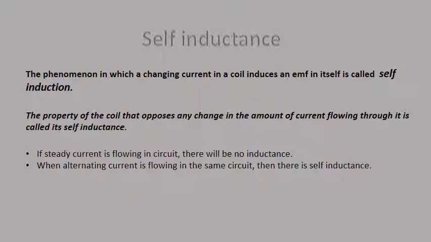When alternating current is flowing in the same circuit, there is self-inductance because alternating current has different polarities. It starts from 0, then increases to 90, then again 0, then in the next cycle the magnitudes are the same but the direction is different. So in alternating current, there is self-induction in that coil.